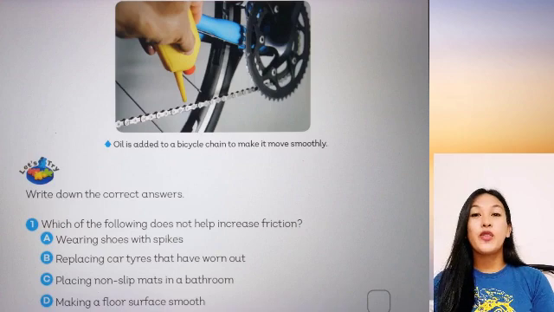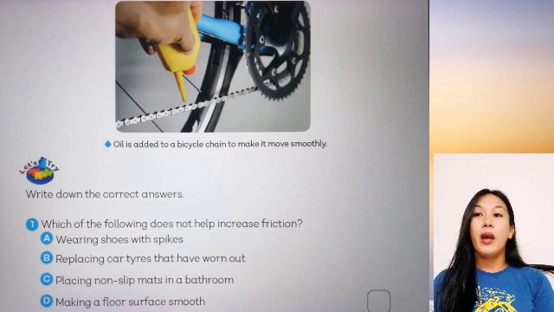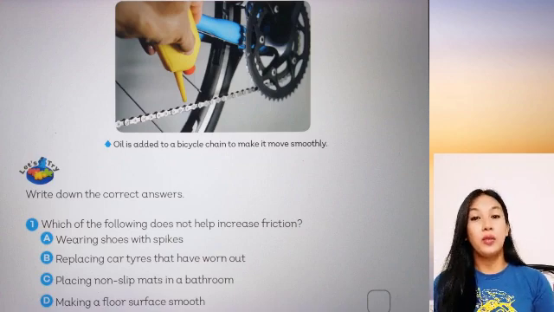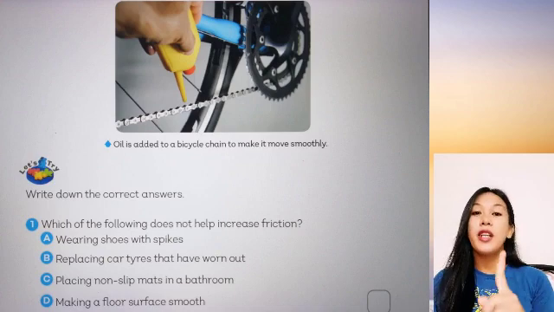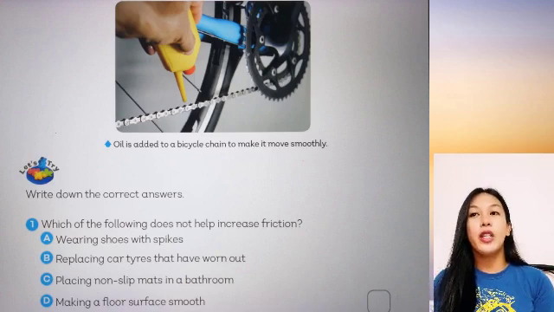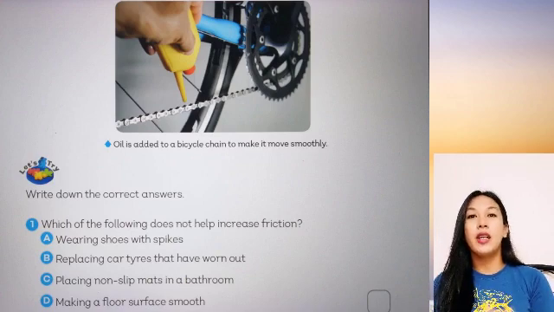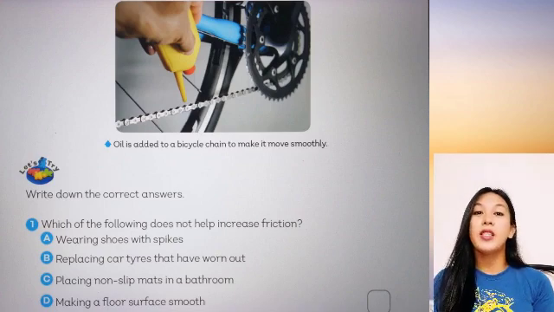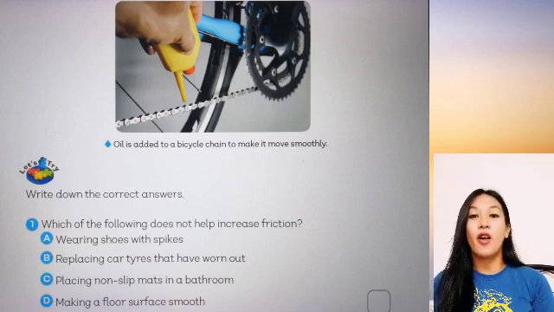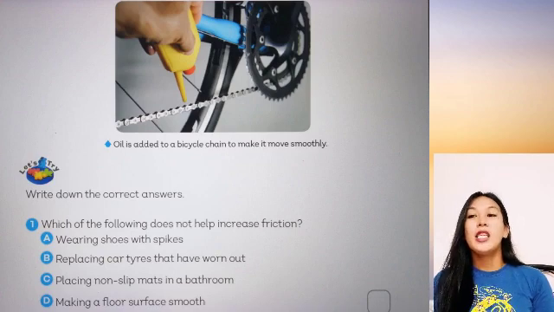So that reduces friction, and lubrication can help you move smoothly with your bike, because lubrication reduces friction. You can use oil, or other lubricants, particularly for bearings and chains of your bicycle.